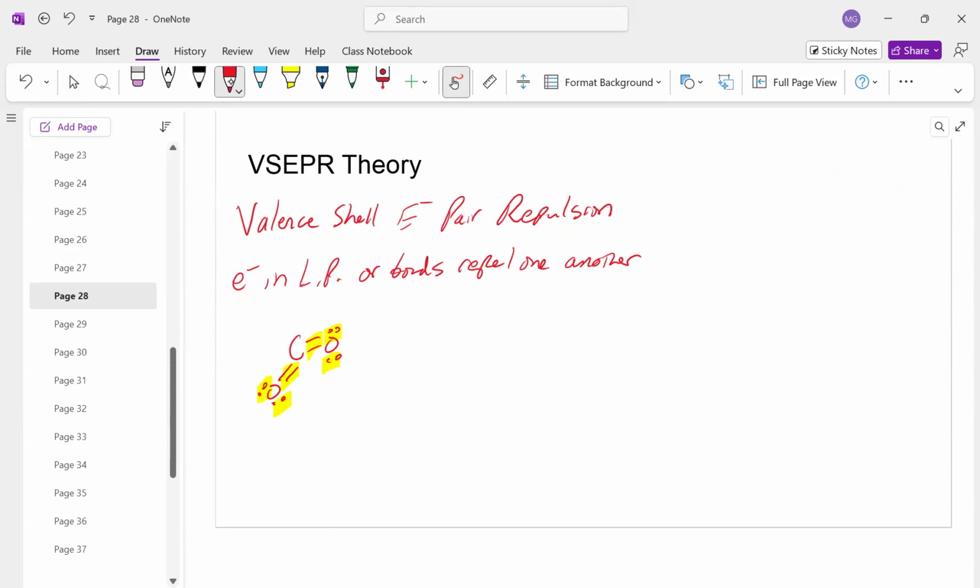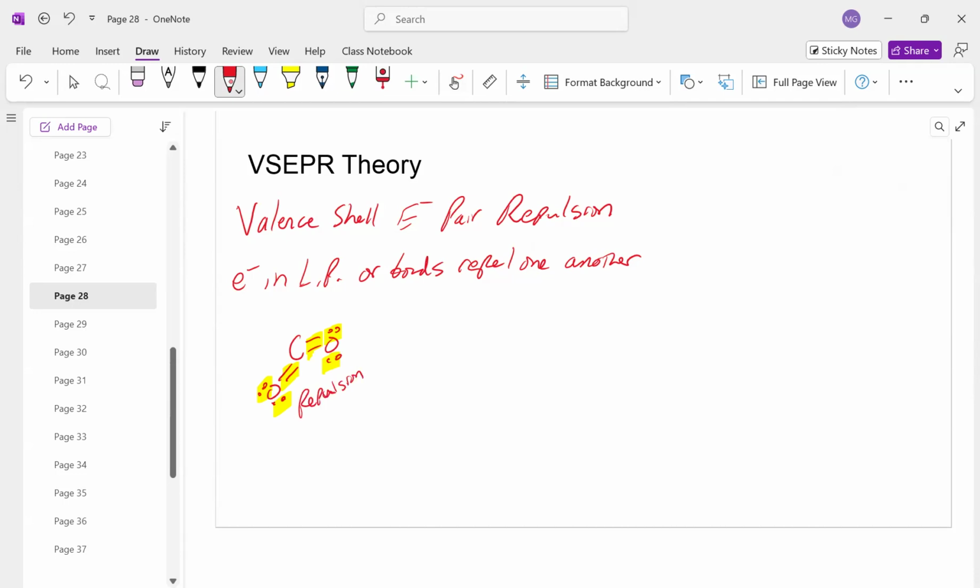They're all negatively charged, and they do not like to be close to each other. So what VSEPR theory says is that the electrons will spread out, and the molecule will adopt a shape that maximizes the distance between electrons to minimize the repulsion between them.